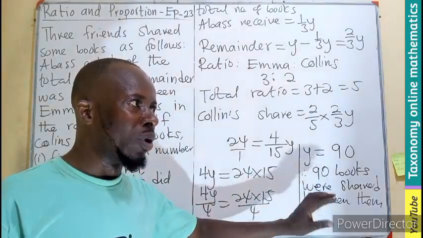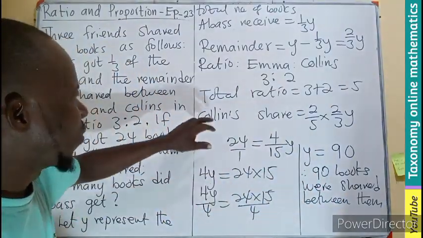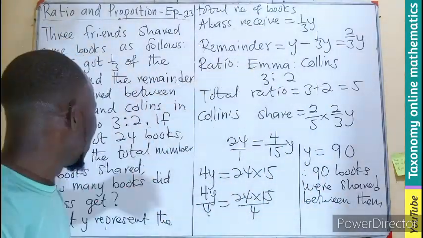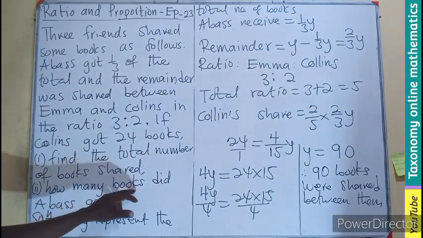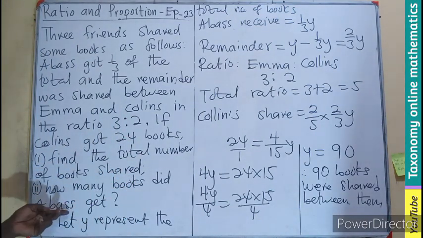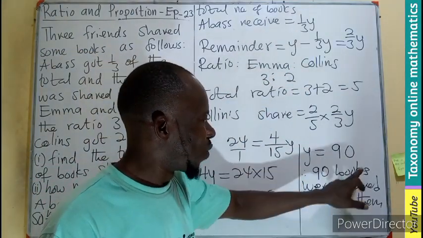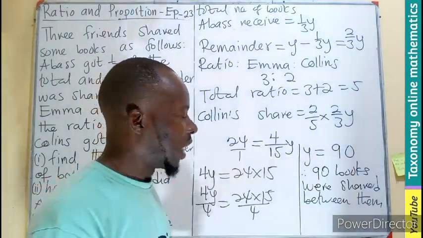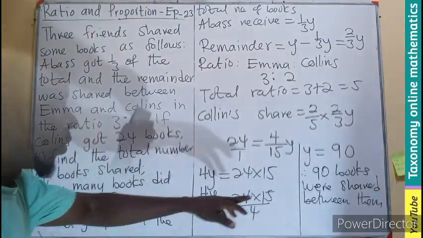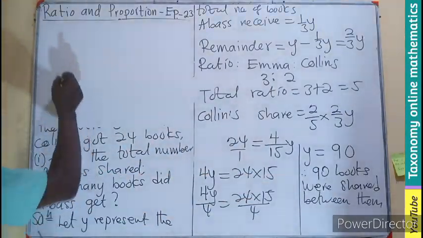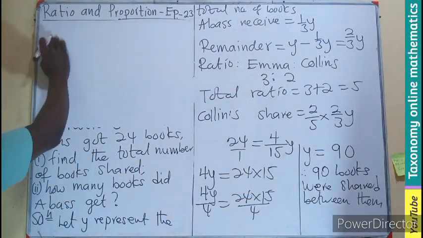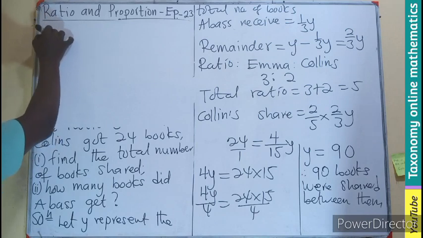So if 90 books is what is shared, we can now go back and find what Abbas received, which is question number 2. Abbas is receiving 1/3 of the books.